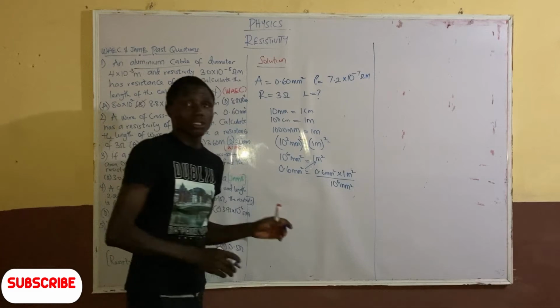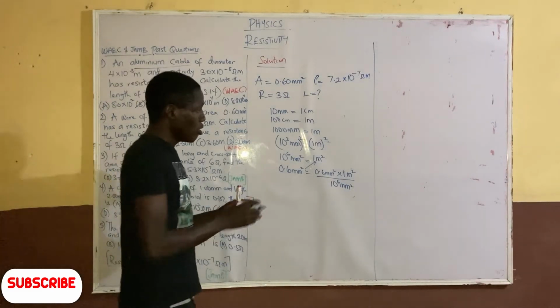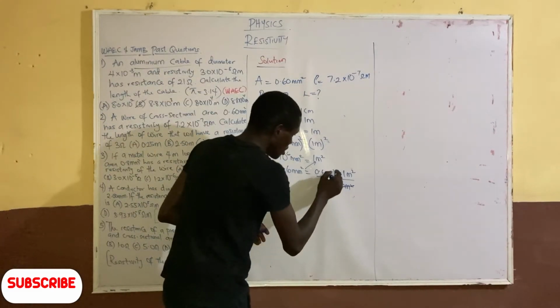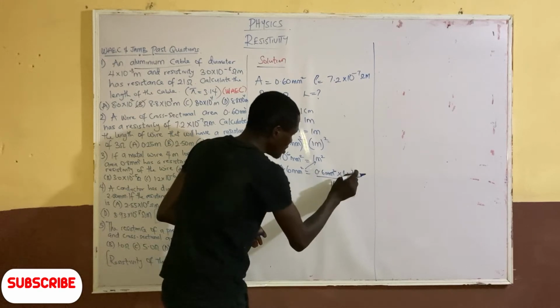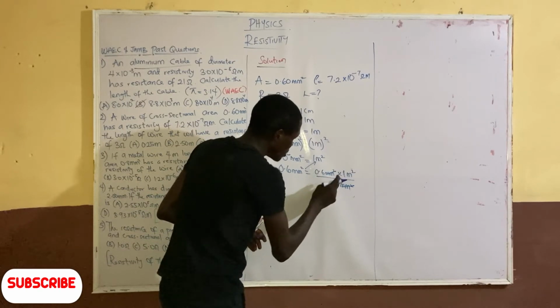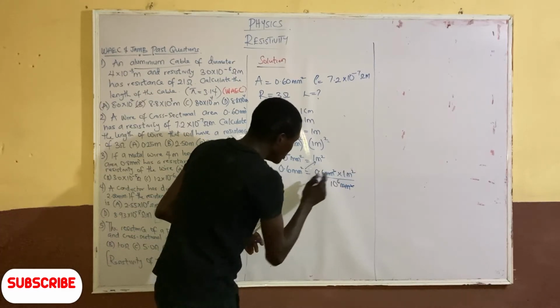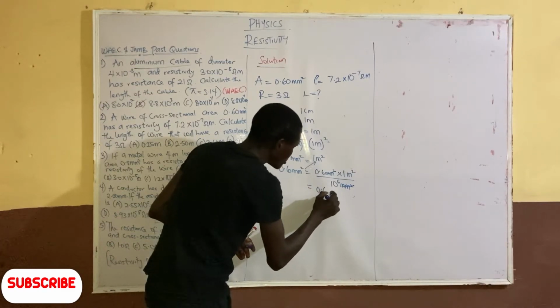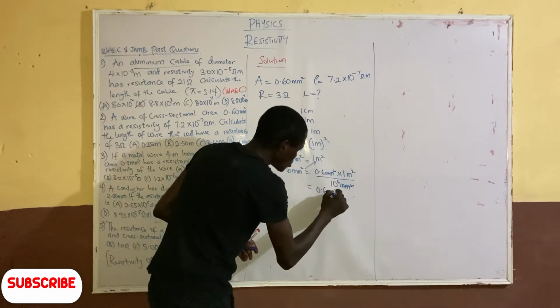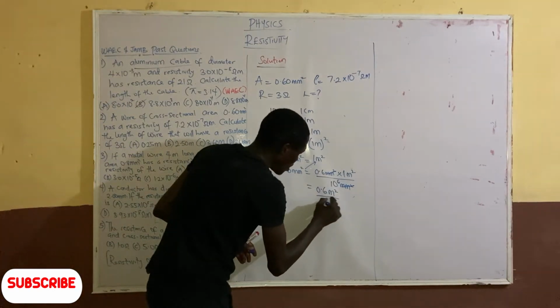Please, I'm teaching this so you know how to convert. Now the millimeter square cancels out. So 0.6 times 1 gives 0.6 meter square all over 10 raised to the power 6.